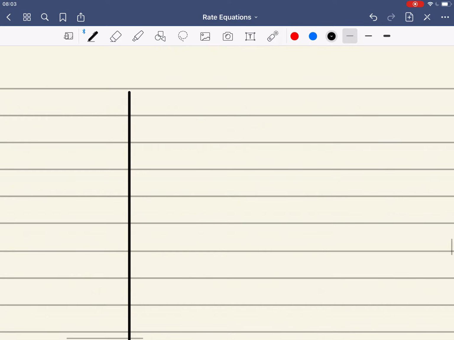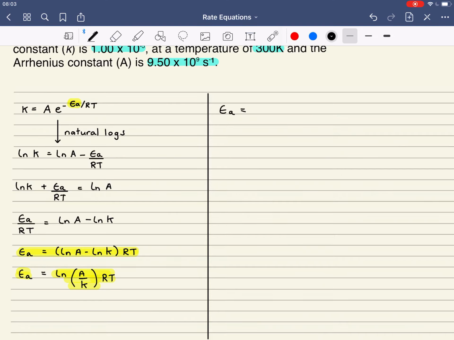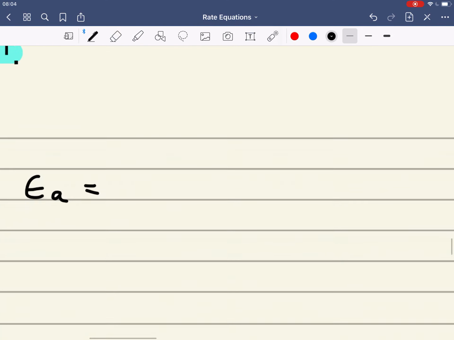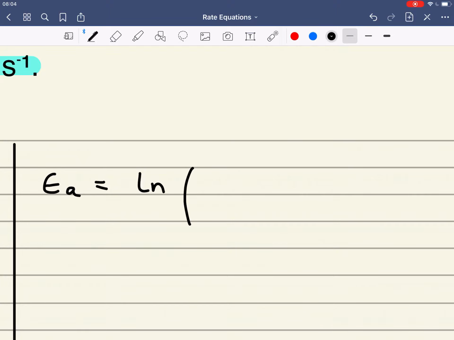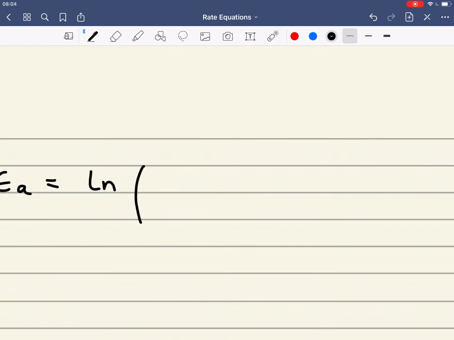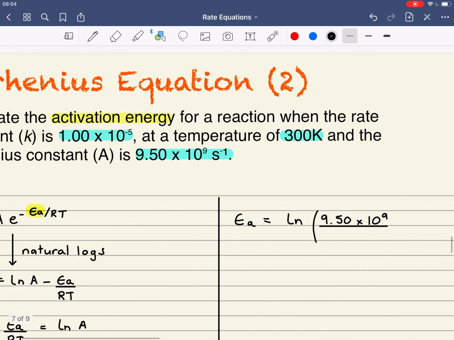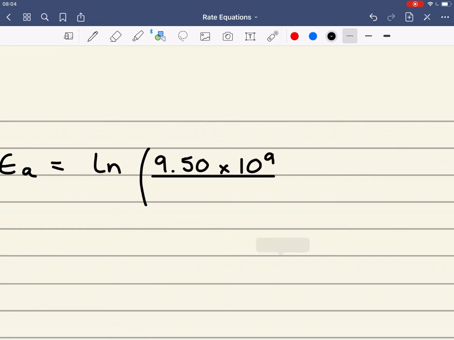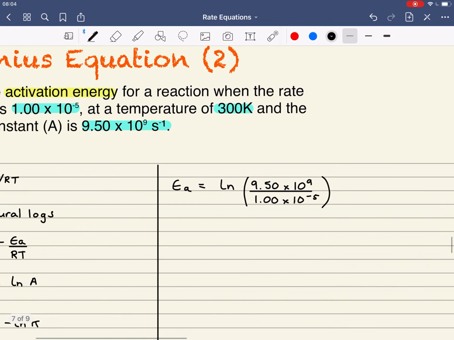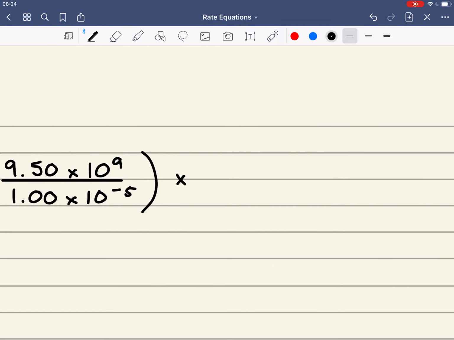So activation energy then is equal to, we said it's ln A over K, so it's ln, and A we've said is 9.5 times 10 to the 9 divided by, and K is 1.00 times 10 to the minus 5, and times by R, which is 8.31, times T, which is 300.